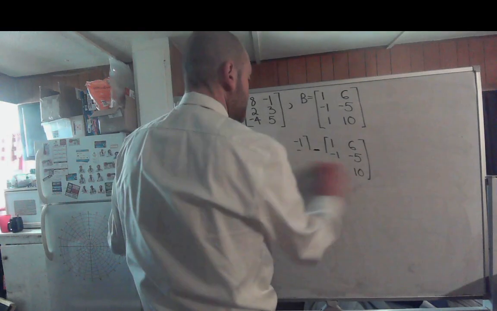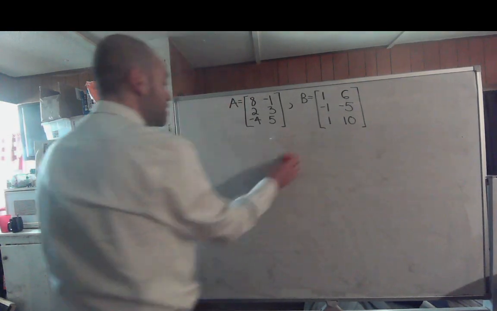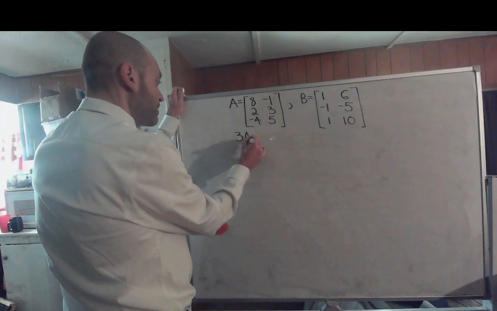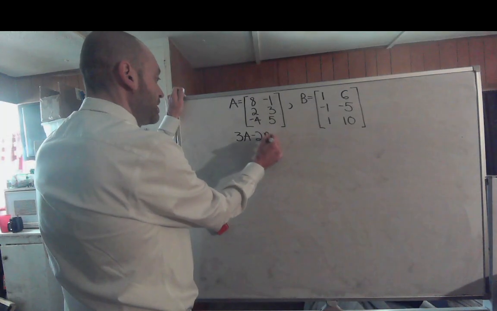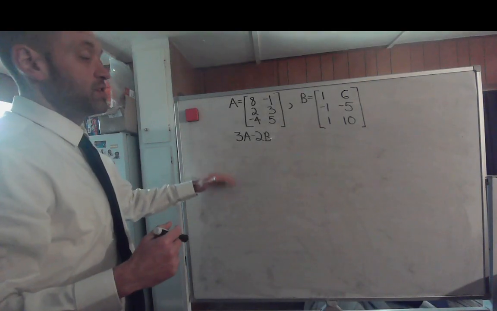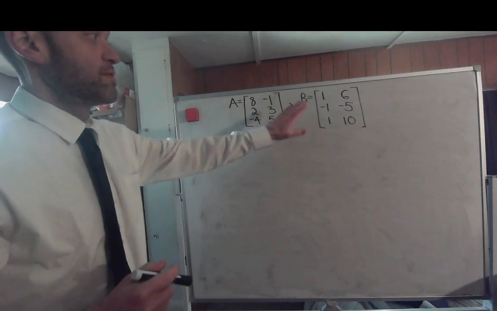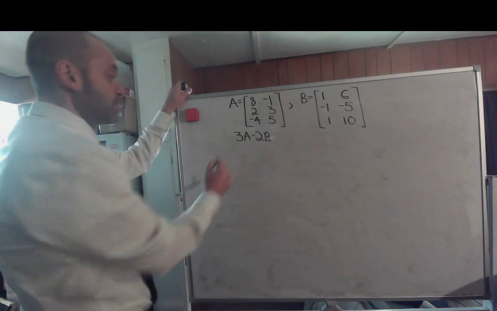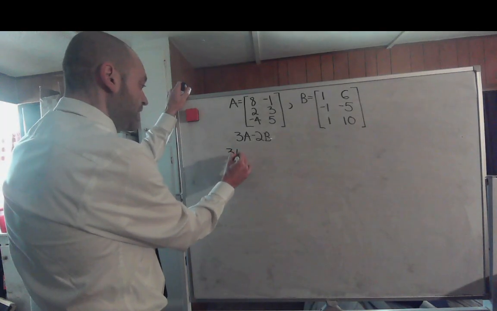Alright, now we got to do the big one. We're going to be asked to, once again, find 3A minus 2B. So it's probably best, once again, if we do the scalar multiplication for each of these two matrices separately and then come back and add them together. So let's look at 3A.